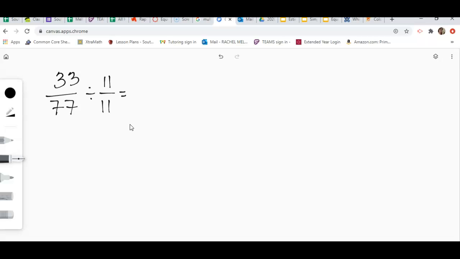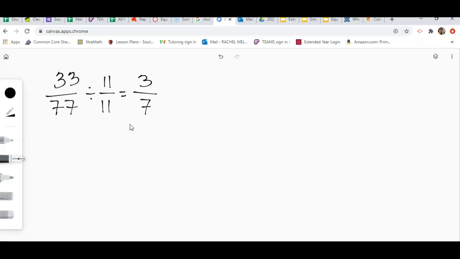I could do my greatest common factor strategy, but I already know they have something in common, so I'm going to divide. So 33 divided by 11 is 3. 77 divided by 11 is 7. Now, I have to double check and make sure that this is simplest form.